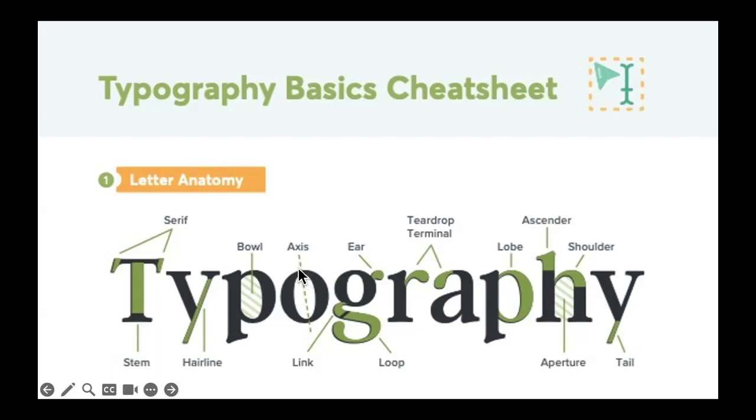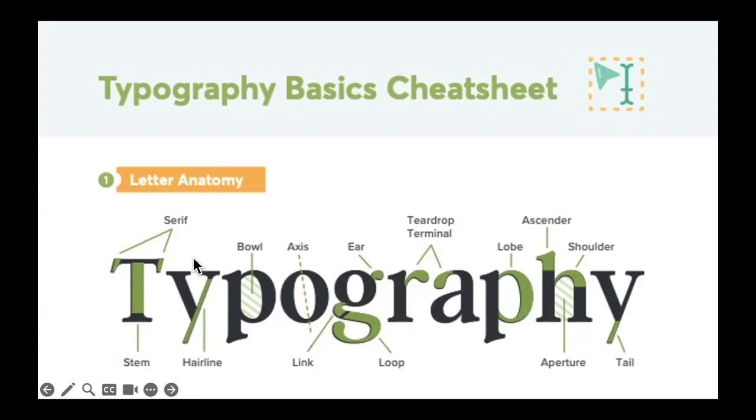If a typeface has a leaning character, the axis, just like the world, runs through the center at a little bit of an angle. These little extra things on some of the characters are called ears. And here is a loop and a link and so on and so on.